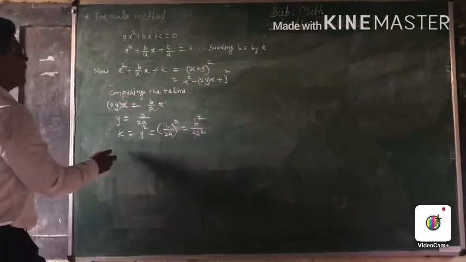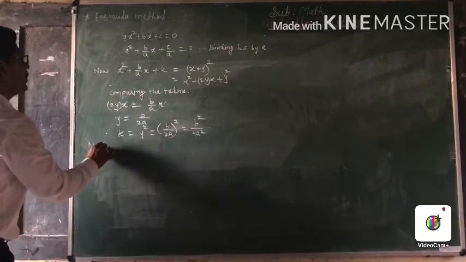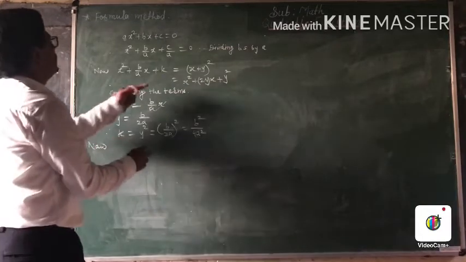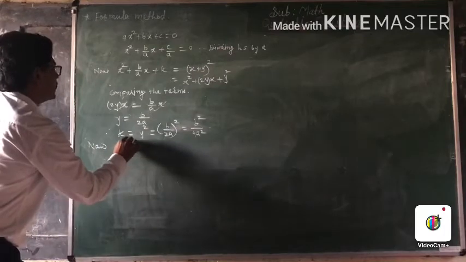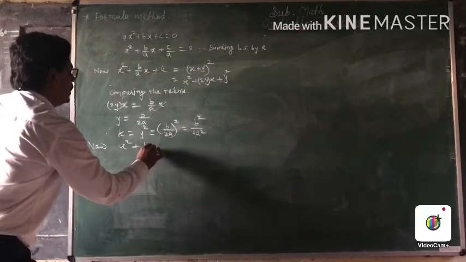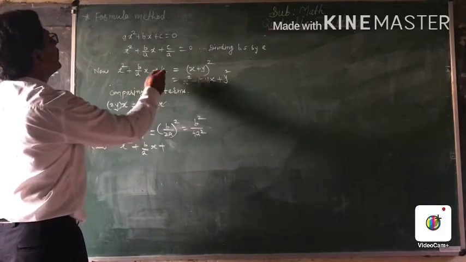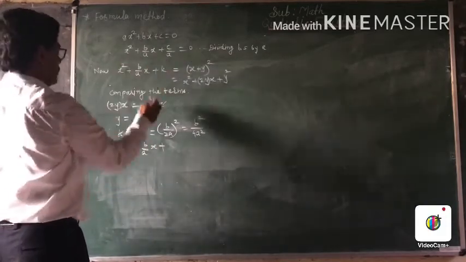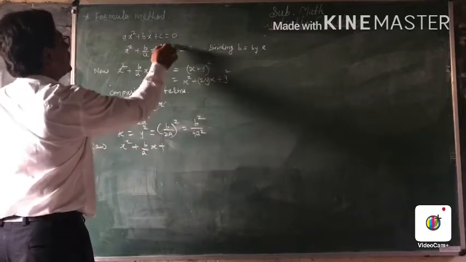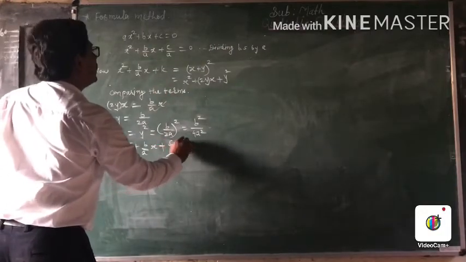So, adding and subtracting. Now, this is the given equation here: x square plus b upon ax plus c upon a is equal to 0.